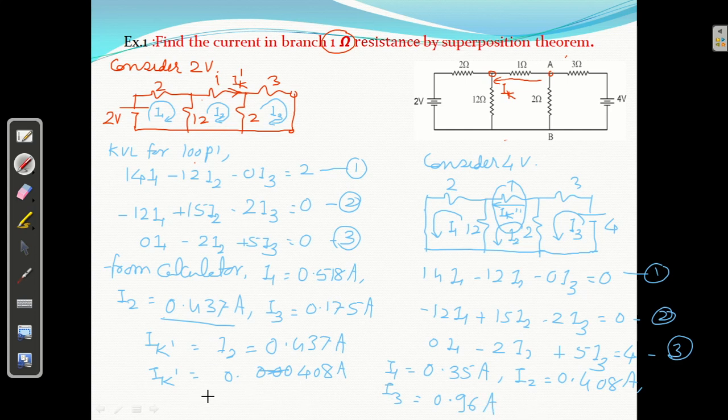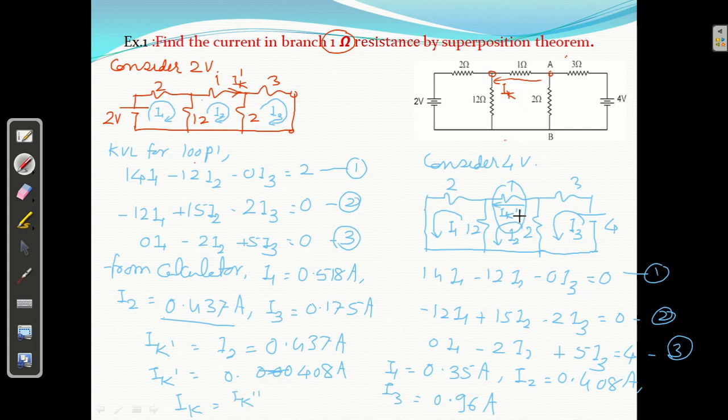Now see here, what is the value of Ik? Ik equal to, I have taken this direction of Ik, okay, in this direction. So Ik equal to what? Ik double dash.